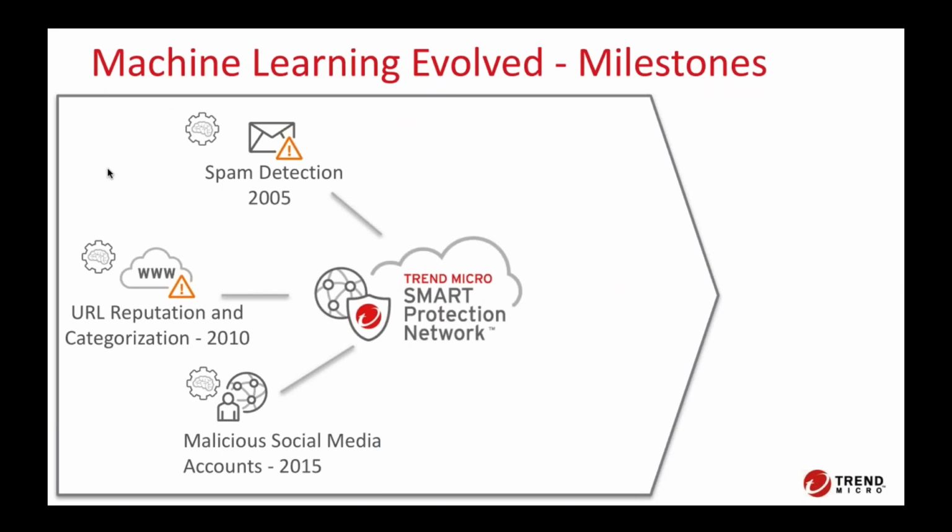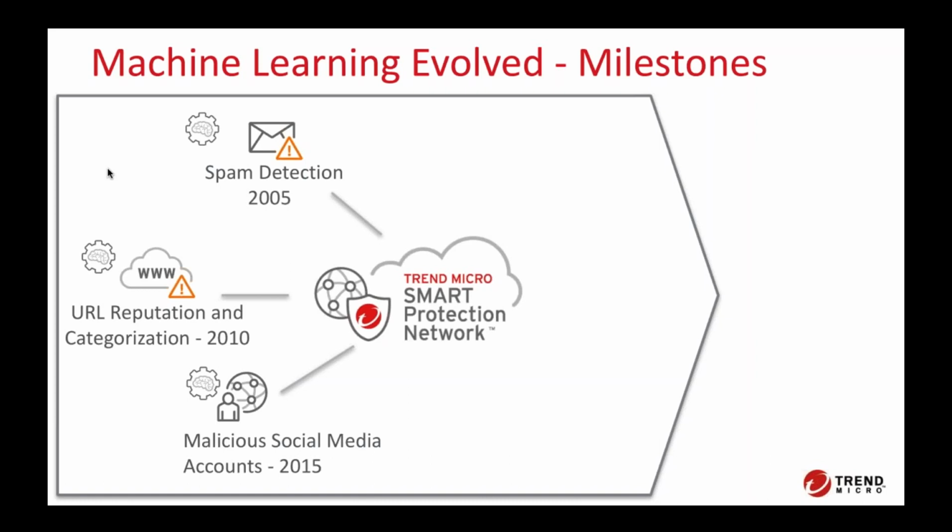Machine learning has evolved, and the milestones are around this area here. It started off in 2005, when we brought it into our spam detection within email. That's when machine learning came into it.